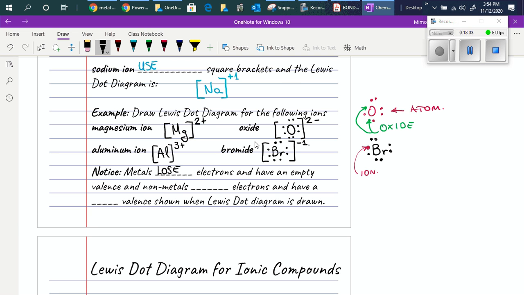And non-metals gain electrons, and they have a full, completed valence shell. This is why for metals we don't draw any dots, because what we care about in the Lewis dot diagram, or electron dot diagram, is just the outer shell.